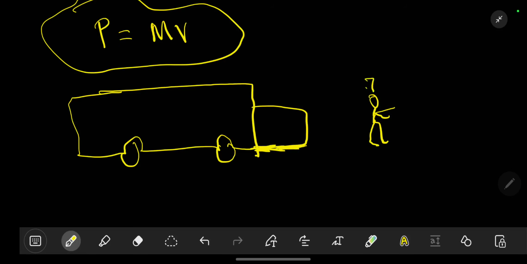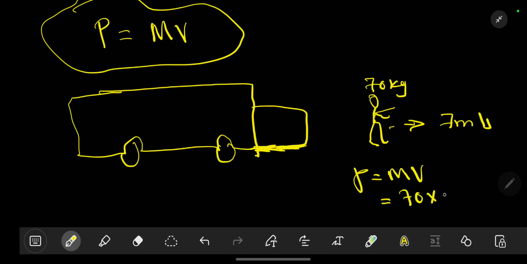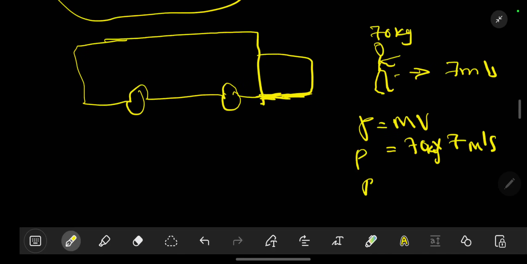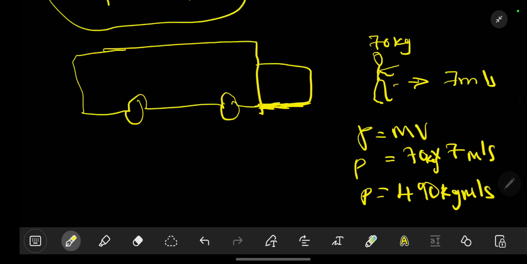Let's say the man is 70 kg, moving at a speed of 7 meters per second. Their momentum, P, should be equal to mass times velocity. When you multiply 70 times 7, with kg and meters per second as the units, the momentum will be 490 kg meters per second. So this is the momentum of the person.